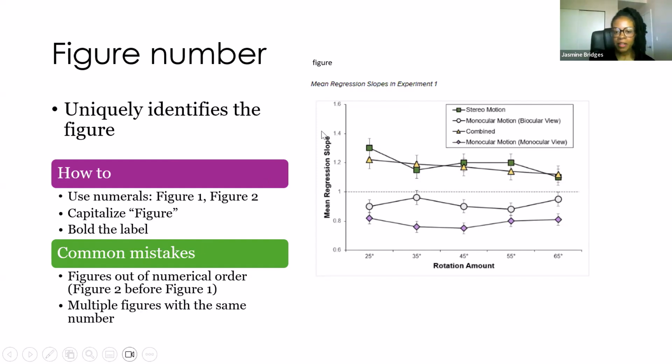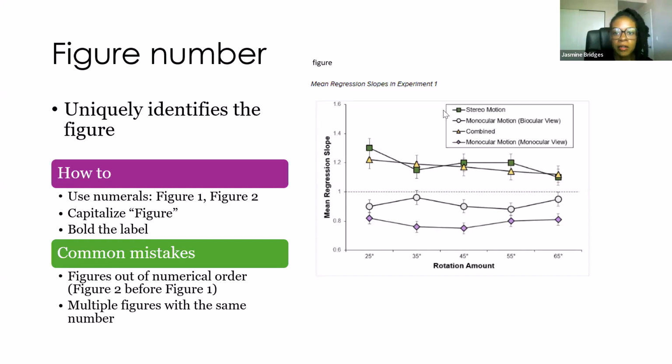Sometimes that can happen if, say, we're working in our paper and we decide to move paragraphs around, and maybe we don't check as part of our last proofreading step to make sure that the figures still match up with where they're referred to in the paper. That's an easy thing that could happen to anyone, but it's something to look out for.